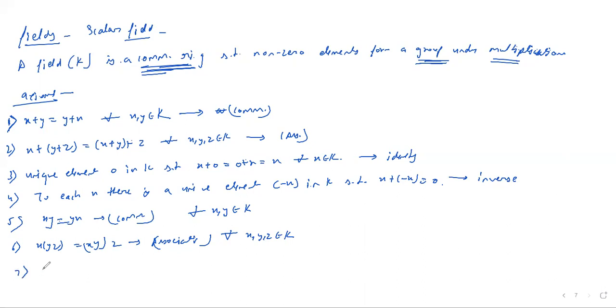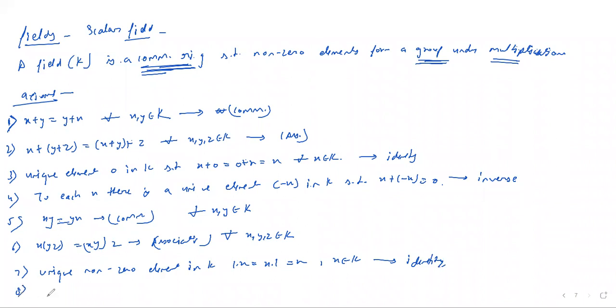And there is a unique non-zero element 1 in K such that 1 dot x equals x dot 1 equals x for all x belonging to K. This is the existence of the identity.